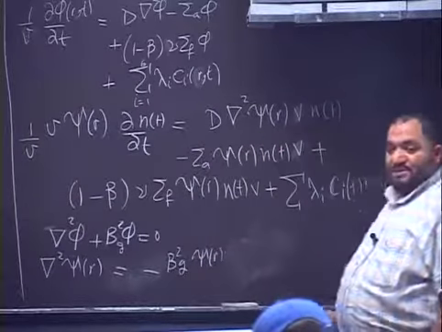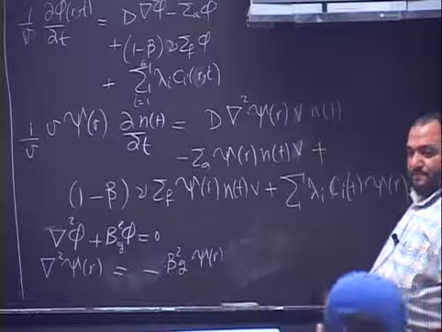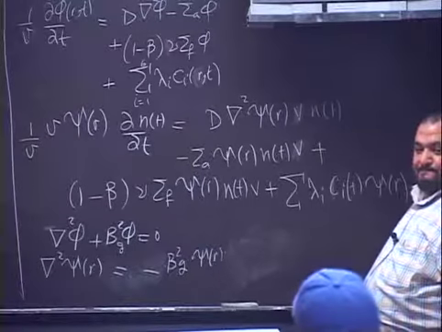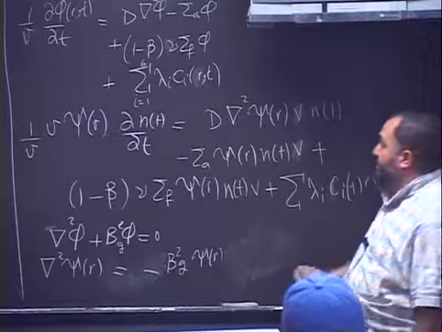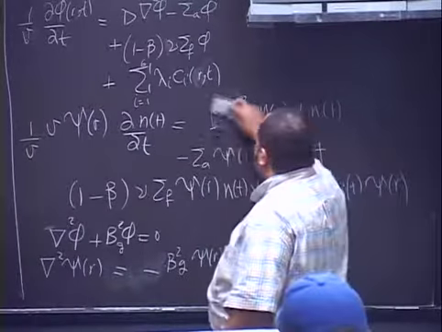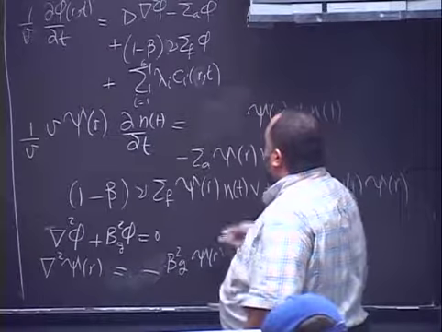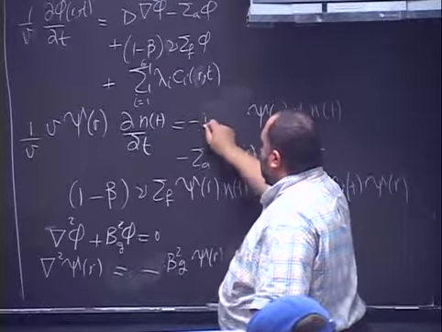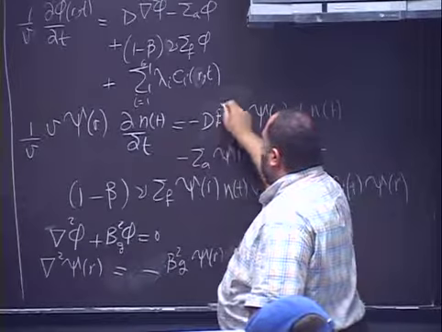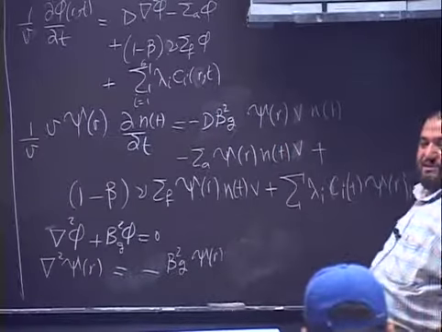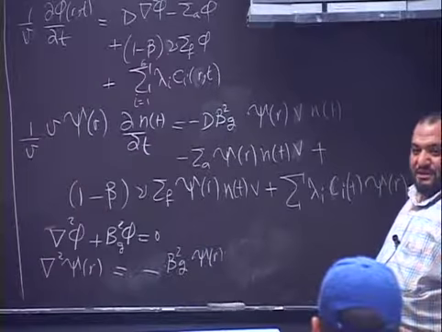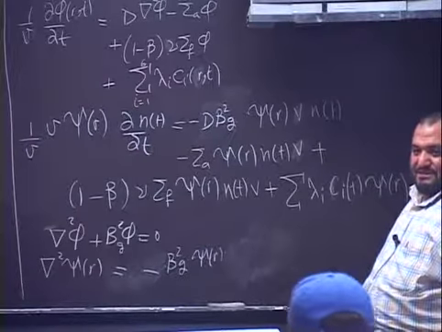So what's nabla square psi of r? Negative B square G psi of r. So I can remove this and put negative D B square G psi of r. Now, can I cancel psi of r? Yes, I can cancel psi of r.